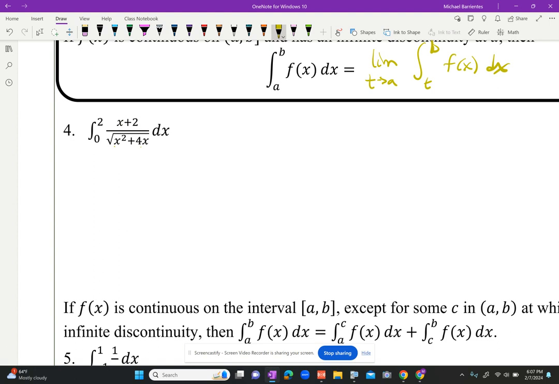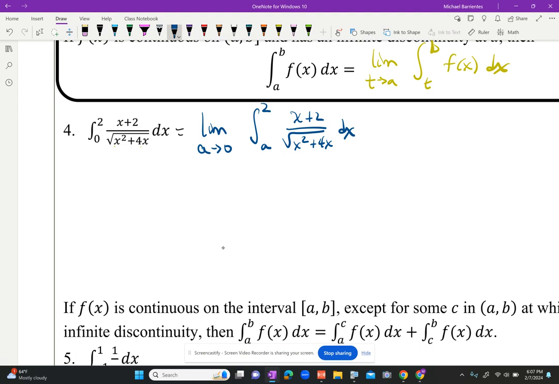That means there's a vertical asymptote. There's infinite behavior at x equals 0. So x equals 0 is the issue. So we're going to change this to the limit as a approaches 0 of the integral from a to 2 of this integrand that I'm taking the integral of.